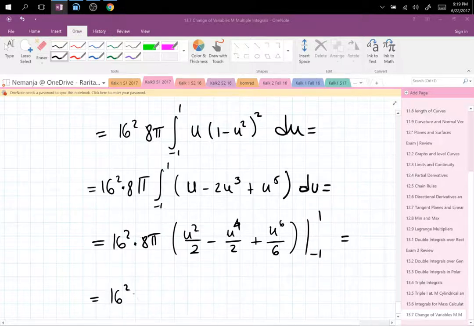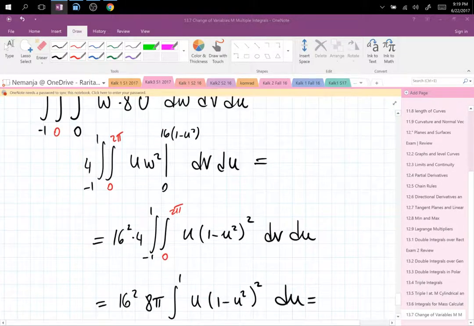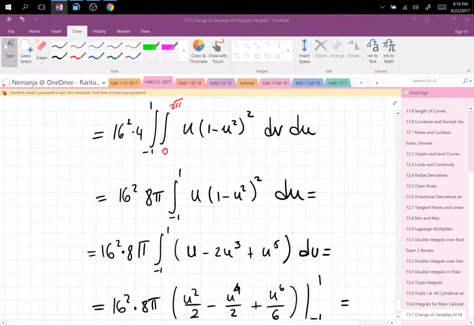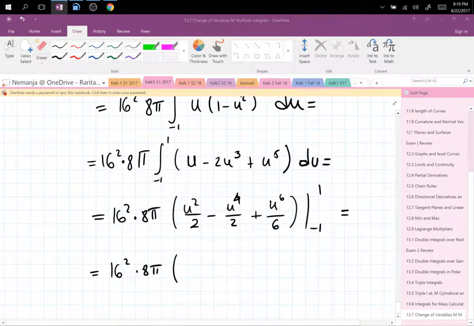So 16 squared plus 8 pi. That gives you 0? Yep, which means that we have to do half of it, and we can see it's symmetric. So do half of it and double, otherwise you get 0.